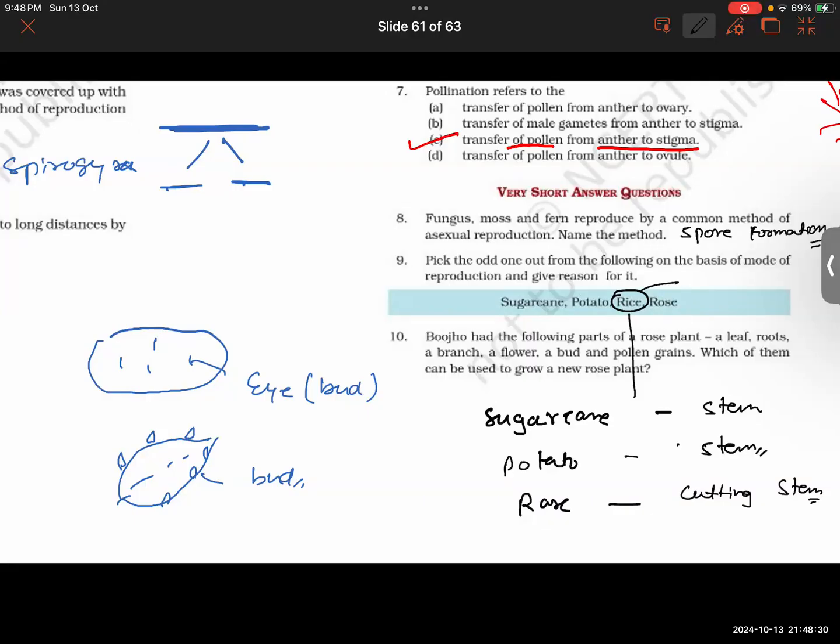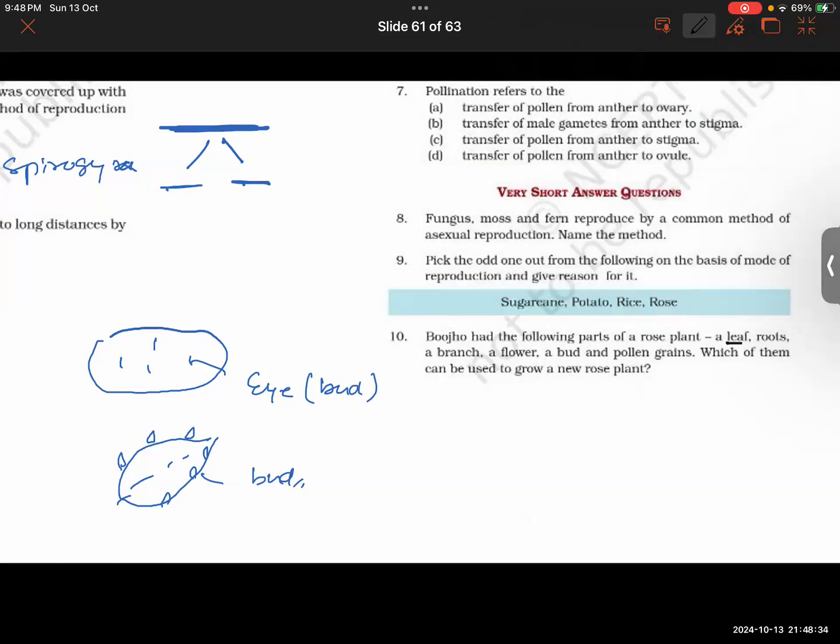So Bujo had the following parts of a rose plant. It is mentioned that a leaf, root, a branch, a flower, a bud, and a pollen grain. Which of them can be used to grow a new rose plant? Isn't it obvious?